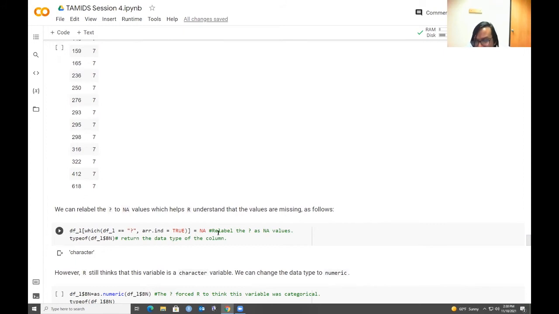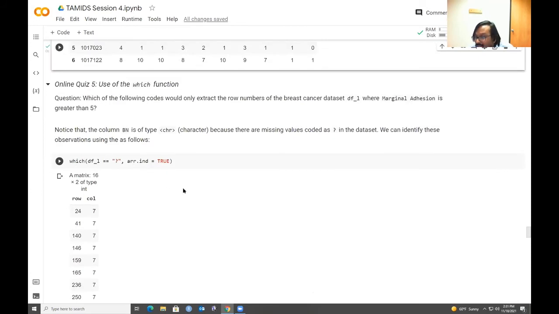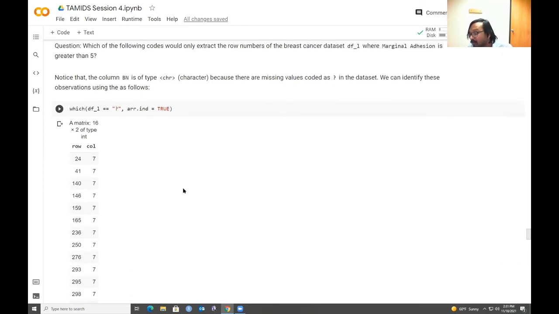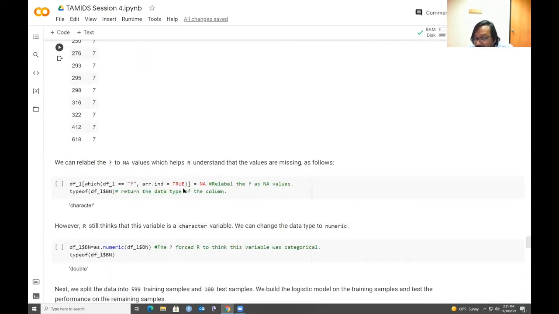So once I change them to NA and I check the type of the column, it still shows character. It still shows character because R doesn't yet know that the remaining values, that means the 10s, the 1s, and the 2s, that it had already interpreted as character, are actually numbers.